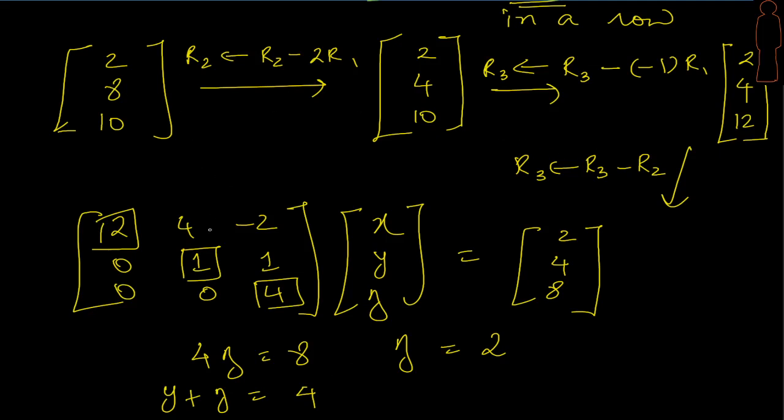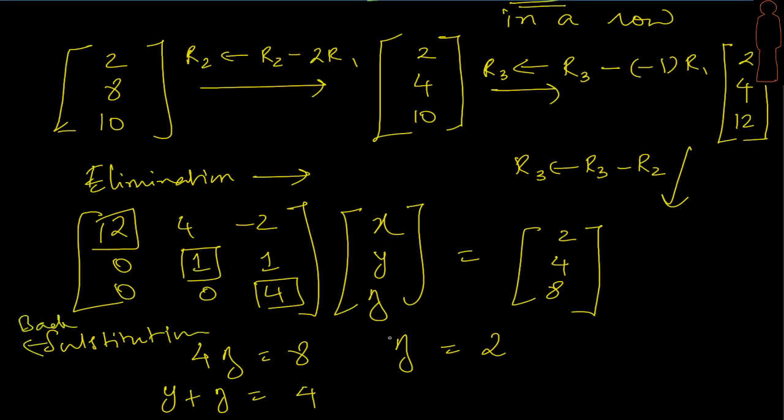We had a matrix and we landed up here. Elimination is moving in the forward direction, whereas substitution is happening in the backward direction. That's why this sometimes is called back substitution, right? So we substitute z equal to 2 here and therefore we get y is also 2, right?